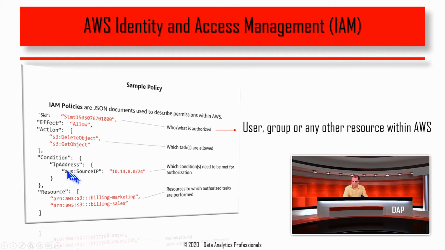The condition is that the IP address should be matched, and then the resource is talking about S3 buckets. Now this is just a sample policy. If you don't understand at this point of time, don't worry, and we'll talk about these policies in more detail as the lectures progress.